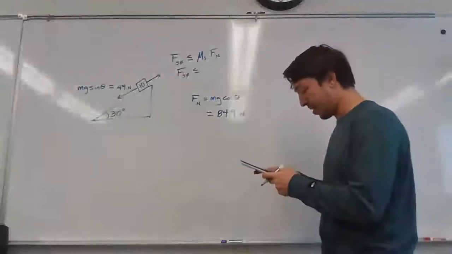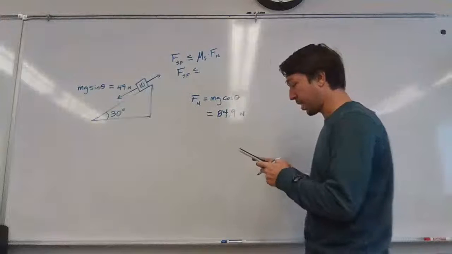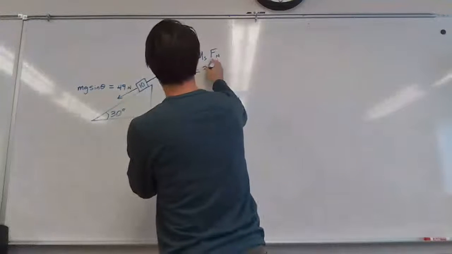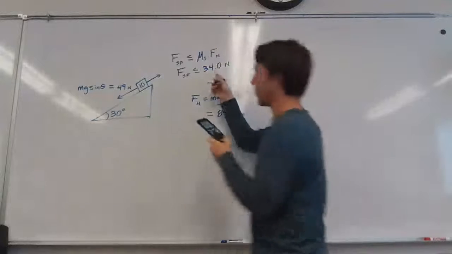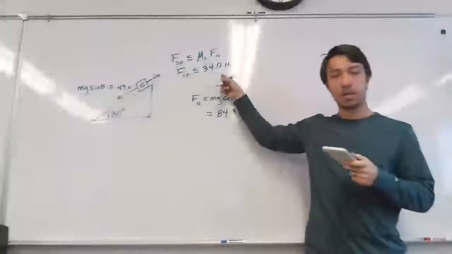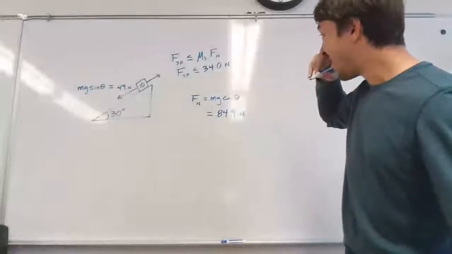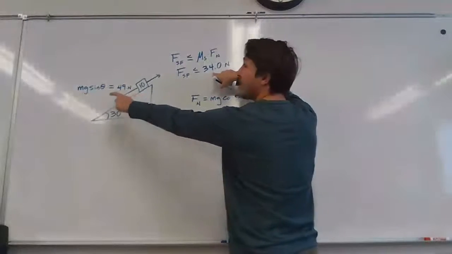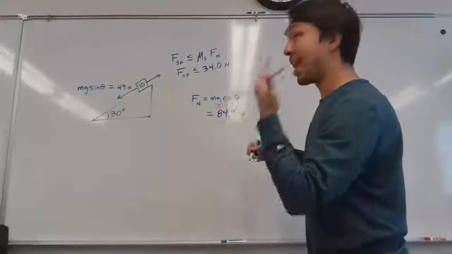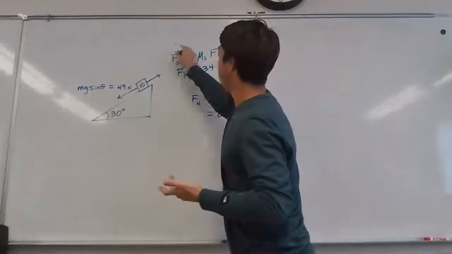So if I take my 84.9 times 0.4, I get about 34.0 roughly. Is everyone okay with that? Okay, so is it going to slide? Yeah. So it's going to slide. So then you go, well, I guess this isn't really happening then, is it?